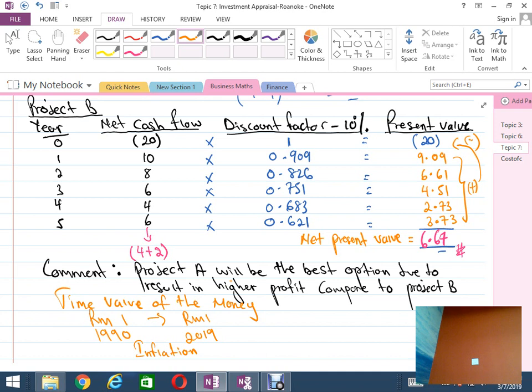IRR. How about the others? Got the same? 25.69? Okay. Or did you guys use 30%? We might have a slight difference. Anyone use 25%? So this is if you use 30%. If anyone used 25%, what's the IRR? 24.57. It should be around there only. If you look at the IRR, okay.